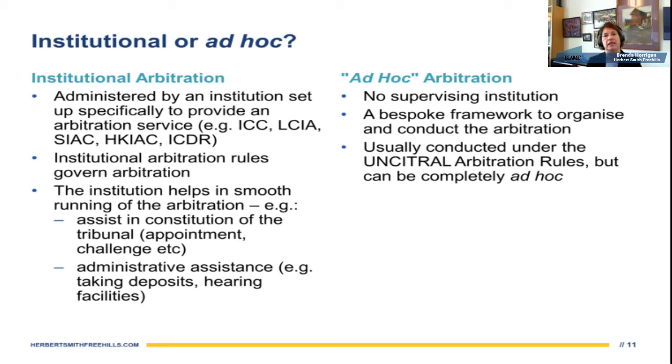They also assist in the appointment and challenges to arbitrators, sometimes arranging hearing facilities, that type of thing. But the actual determination of the dispute is by the arbitral tribunal, and that is the 1 or 3 arbitrators that are either selected by the parties or appointed by the institution.